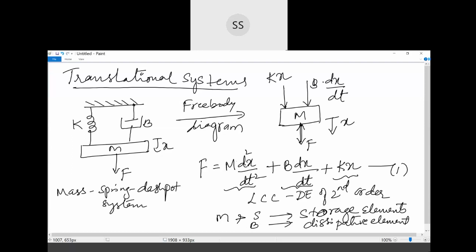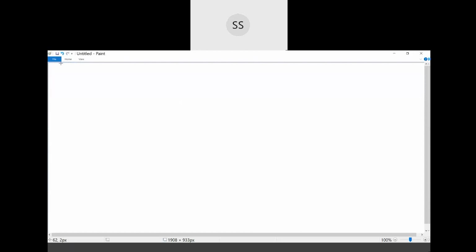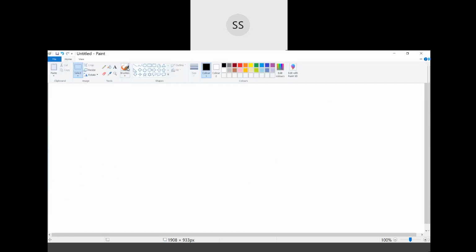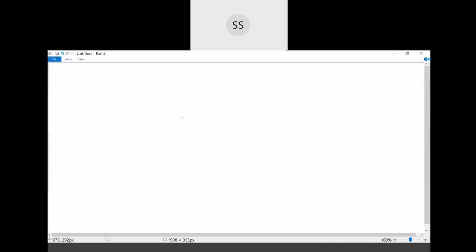So today we are considering only the basic systems for translational as well as for rotational systems. Now similarly we will go for the rotational system, and see how to represent the torque equation. So next I am writing rotational system.